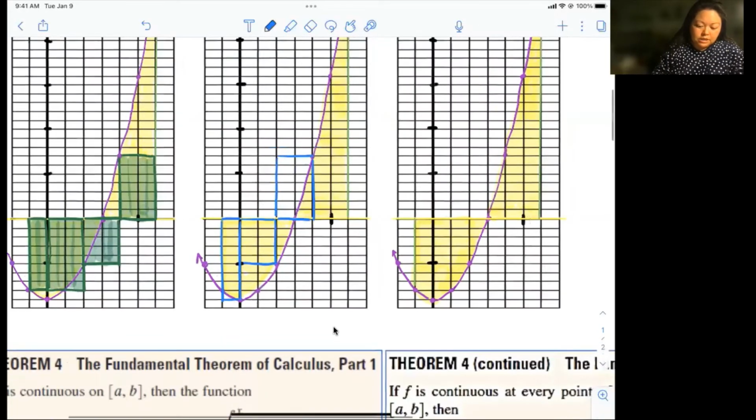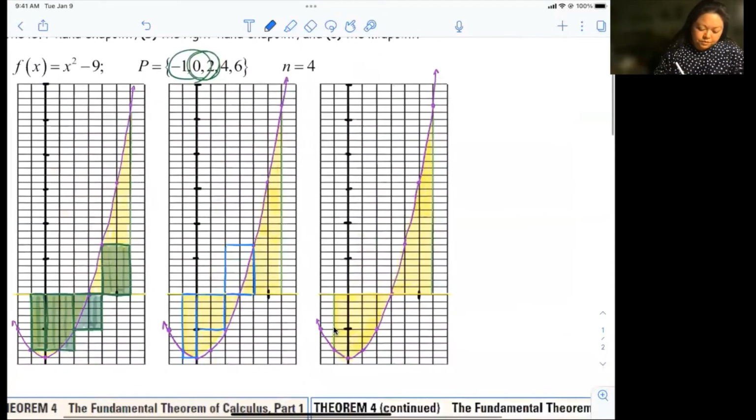And then last but not least, between 4 to 6, go up to my right-hand side, draw my rectangle. This is my approximation. You can see, yes, it is way overestimate, but this is the way our approximations go, right? Some things are grossly overestimate, and some are grossly underestimate.